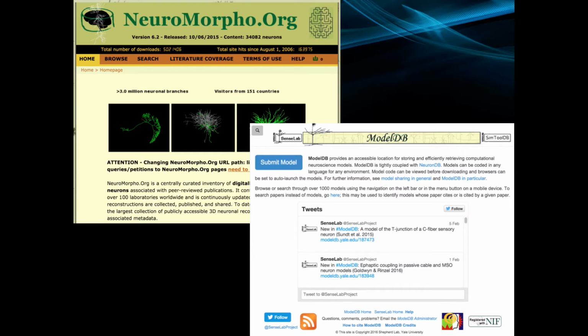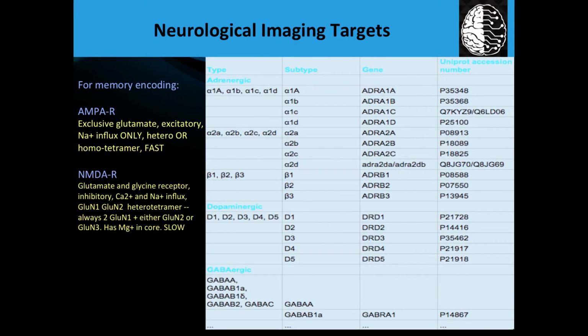So one of the models that we think is really interesting is if you want to image not just the types of neurons, but the biophysics or the biochemistry, or what are the neurotransmitters or neuroreceptors or neurotransporters that are involved in these, you actually need a slightly higher resolution. So you need to know what are the densities of dopamine receptors, what are the densities of glutamate receptors, what are the densities of the subtypes of those receptors, because there are actually quite a number of subtypes of each of those receptors.